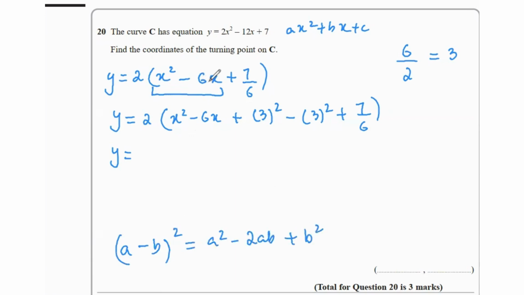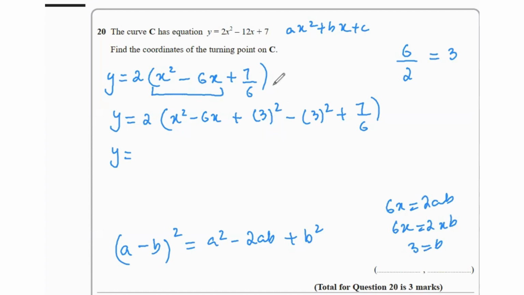So over here, a squared is x squared, 2ab is 6x, 6x equals 2xb, which is 3. So b is 3, not 7/6. So that's why we're adding and subtracting 3 squared.